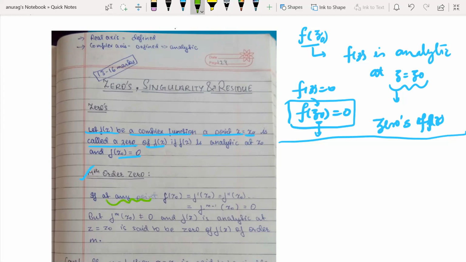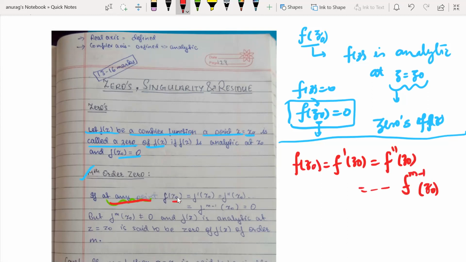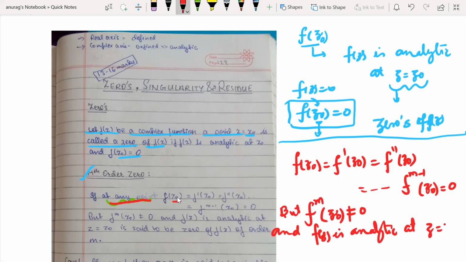If at any point, f(z) equals f dash z equals f double dash z, up to the (m minus 1)th derivative of f(z) at z naught, all equal 0, but the mth derivative of f(z) at z naught is not equal to 0, and importantly f(z) is analytic at z equal to z naught, then z naught is called a zero of order m.